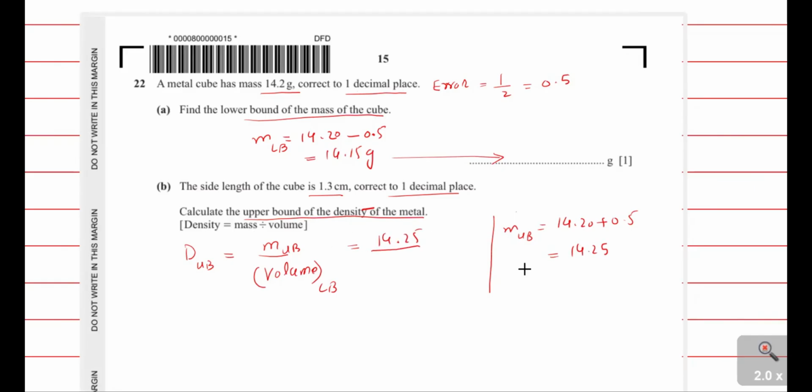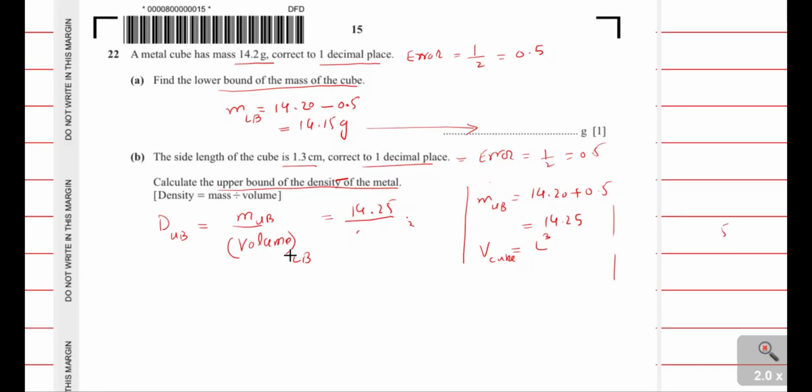Next, volume of cube. Look here, the volume here is lower bound. We take volume lower bound equal to length lower bound cubed, and the length lower bound value will be equal to the given value 1.3 minus error. Here the accuracy is one decimal place, therefore error will be 1/2 of this value, 0.5. We write 1.3 minus 0.5.